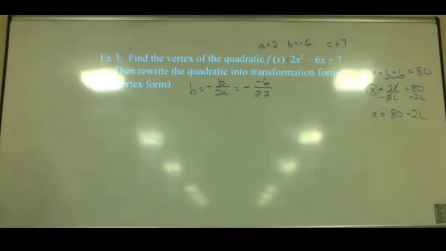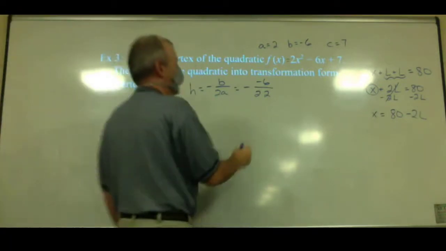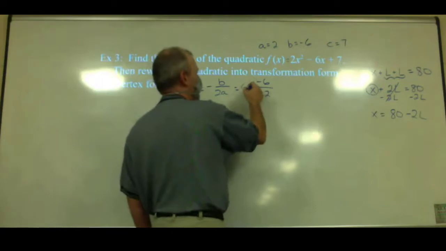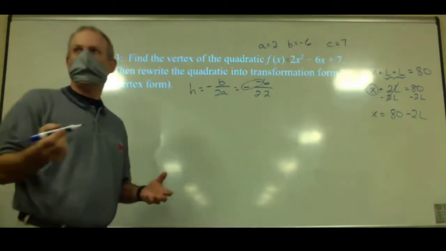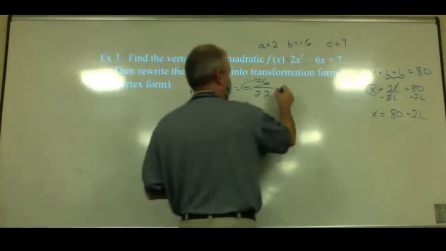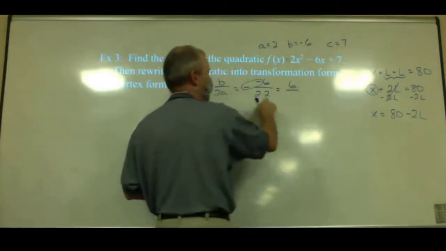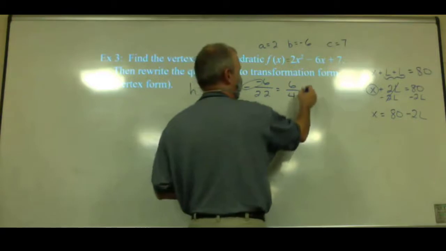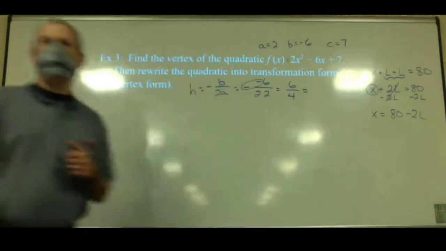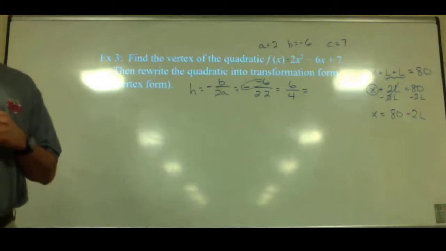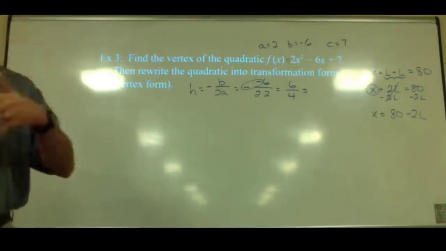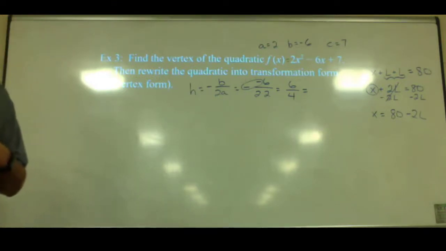Okay. Now these two negatives go together and make a positive. So now we have 6 divided by 2 times 2, which is 4. And if we reduce that, what is 6 divided by 4? What are they both divisible by? 2.